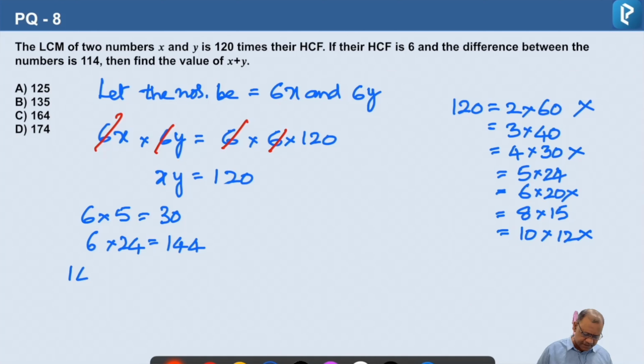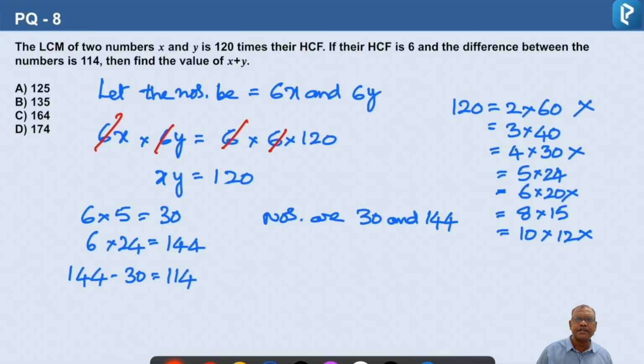According to the question, the difference must be 114. So what is the difference here? 144 minus 30, 114 is the difference. So the numbers are 30 and 144. So the question is we need to find out their sum, x plus y.